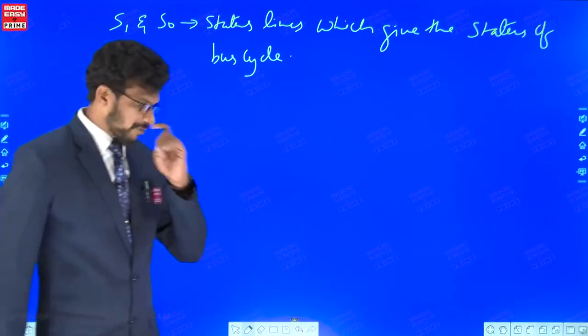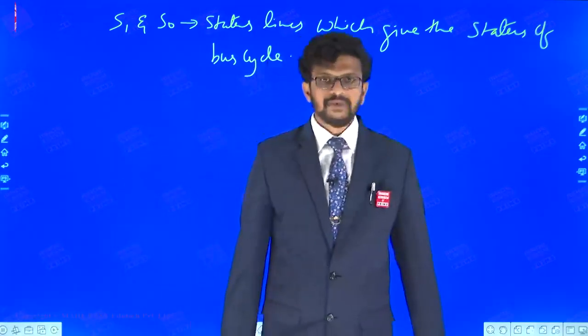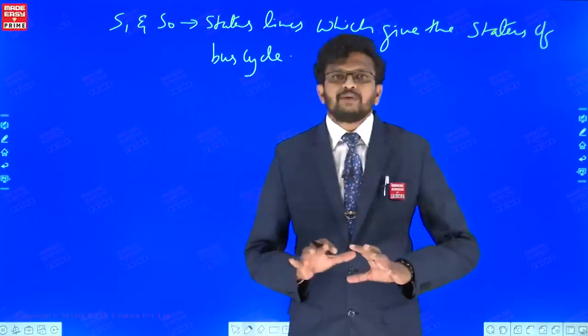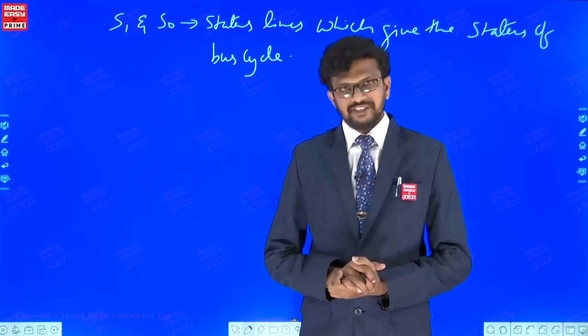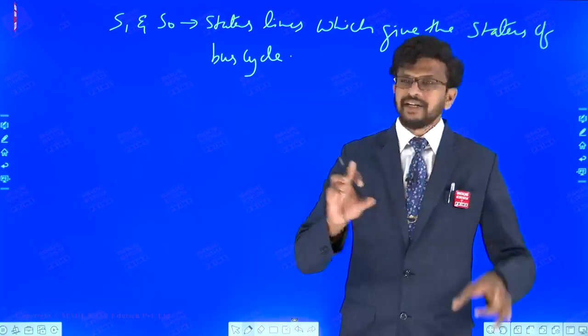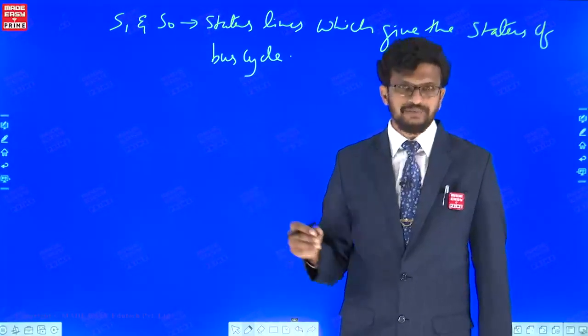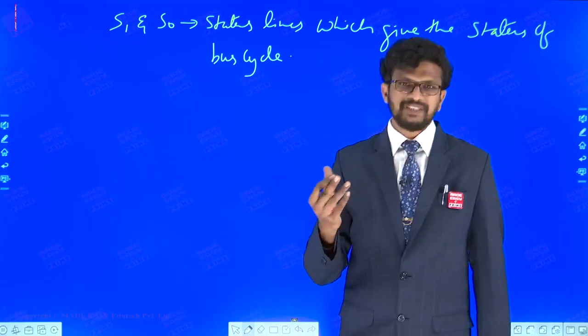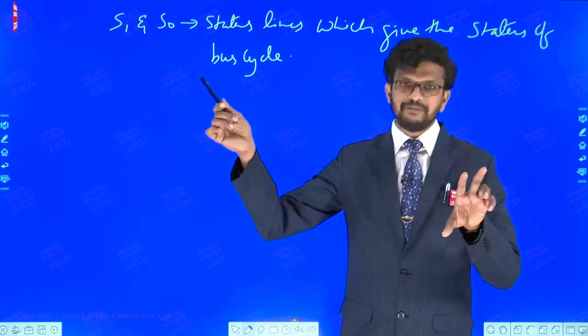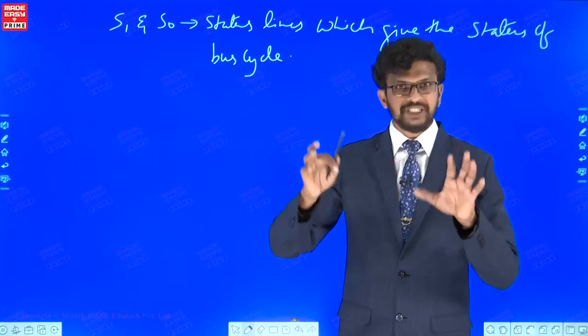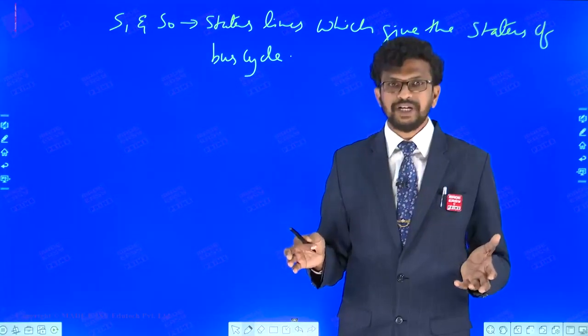Now observe carefully. For example, I am staying in one office. Let us say I am in my office. You might have found in government offices, when the officer is inside, there will be two bulbs outside the room at the door. One is red, the other one is green, something like that. When the officer is busy, automatically the red bulb will glow, indicating that sir is busy. He doesn't want to be disturbed.